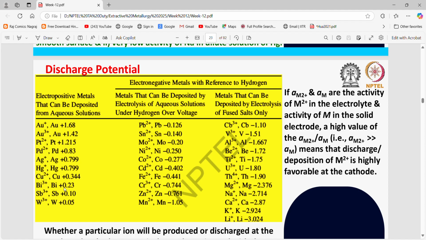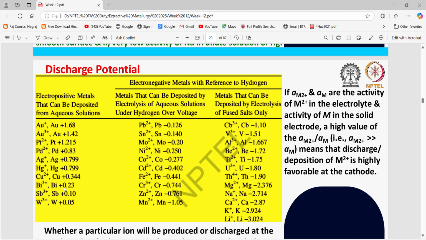Then there are some metals which are highly electronegative, having very high electronegative potentials, and that can be deposited with the help of the electrolysis of fused salts only. With the help of hydrogen overvoltage, we cannot deposit these particular elements; it requires electrolysis of fused salts for the electrodeposition to happen.